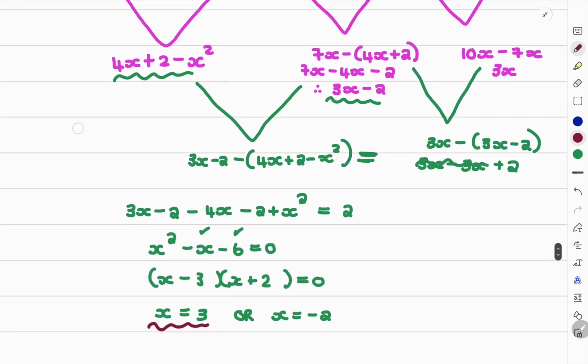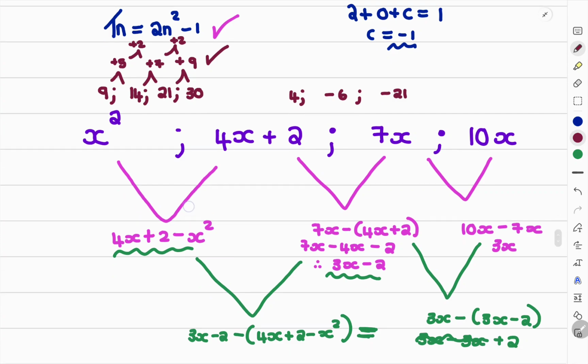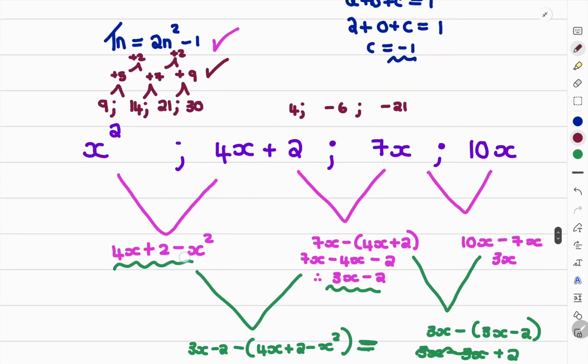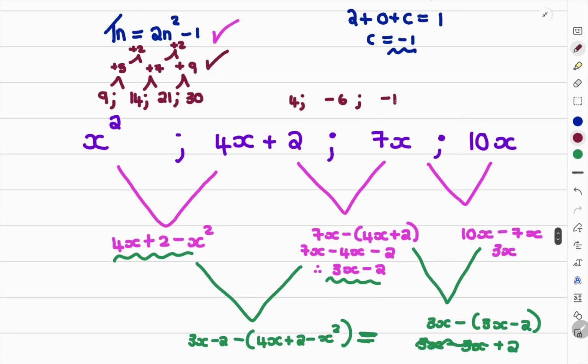And then for the next one, if x is negative 2, negative 2 squared gives you a positive 4. 4 times negative 2 is negative 8, plus 2 is negative 6. 7 times negative 2 is negative 14.